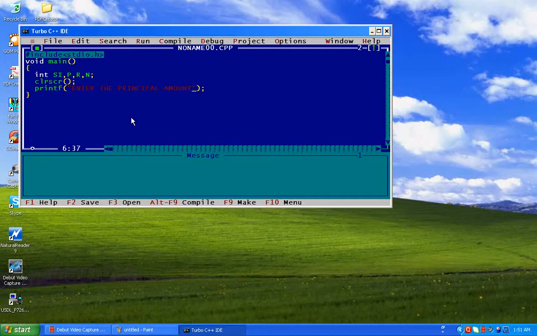Now to type all the things three times, a copy and a paste, again a paste.